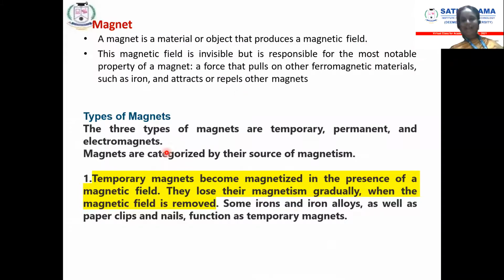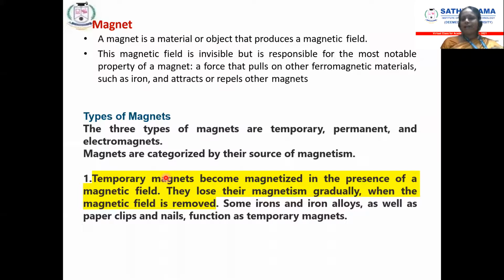So what are the types of magnets available? Temporary magnet, permanent magnet, and electromagnet. These are the sources of magnets we can categorize. Okay. Temporary magnet means that only in the presence of a magnetic field will this temporary magnet be magnetized, and it will gradually lose its magnetism when the magnetic field is removed.